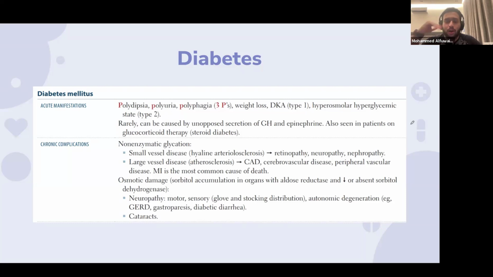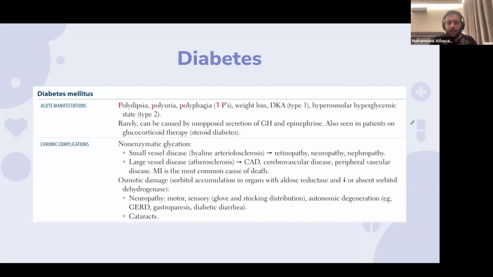Usually all of the glucose is reabsorbed in the kidney. However, it can exceed that, so glucose will be in the urine. This will cause an osmotic effect, and water will be secreted back into the lumen and will cause polyuria, a lot of urine.